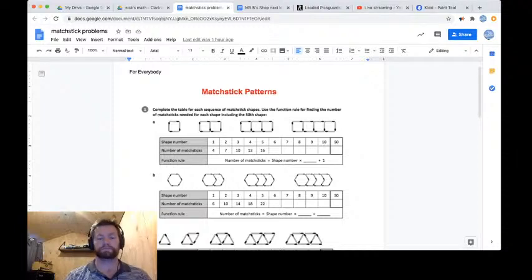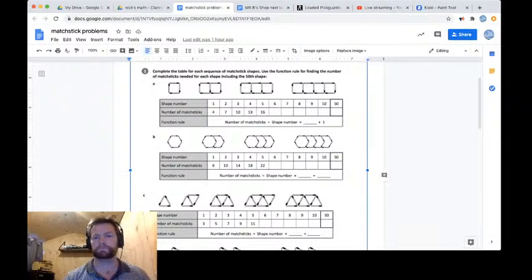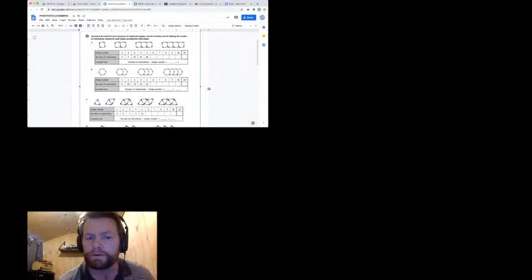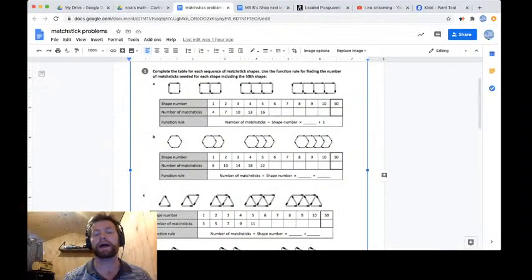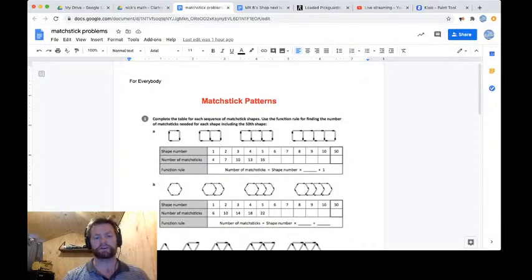Okay, so these matchstick problems here. I found these, well, actually someone sent them to me, and I thought these are brilliant because they highlight something that a lot of people were missing, which is doing these tables. These tables really help, guys. So table A, for example, you're going 1 has 4, the second shape has 7, it goes up and you can see it.